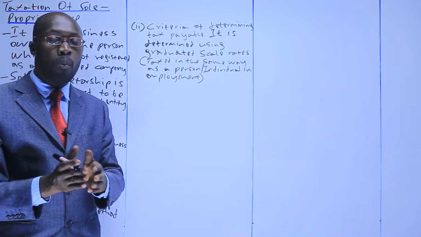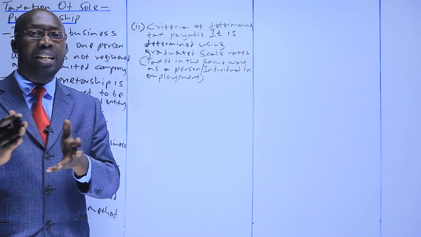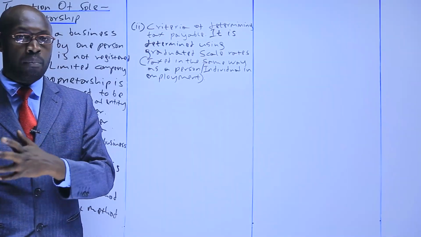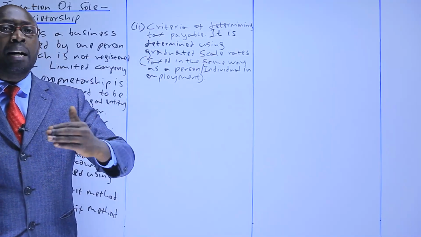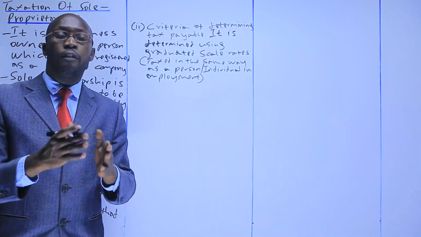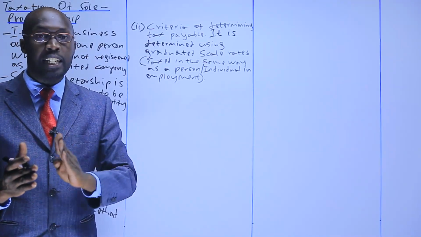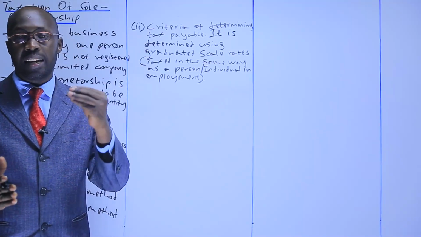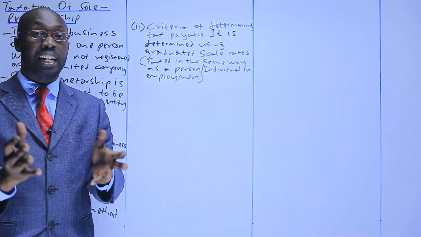If I can remind you, if we use the scale rate of year 2022, and we're talking about the year of income of 2022 because that's the one we are going to be using for the exam to be set in December 2023, then for the first 288,000 per year, we tax at the rate of 10%. That's what we mean by graduated. And then the second 100,000, we tax at the rate of 25%. Anything in excess of 388,000, we tax at the rate of 30%.